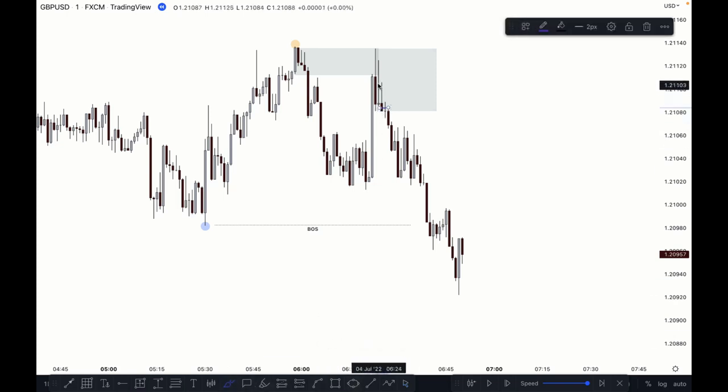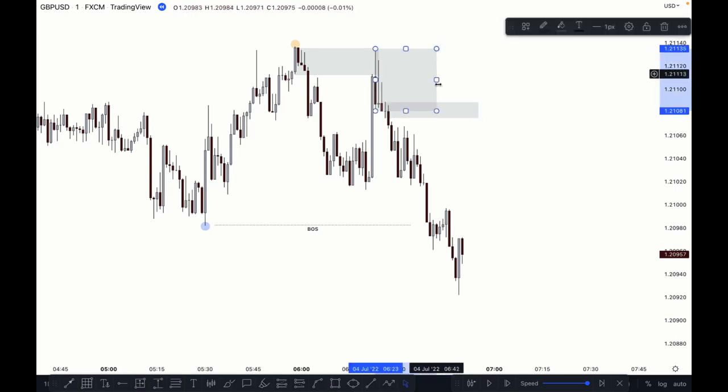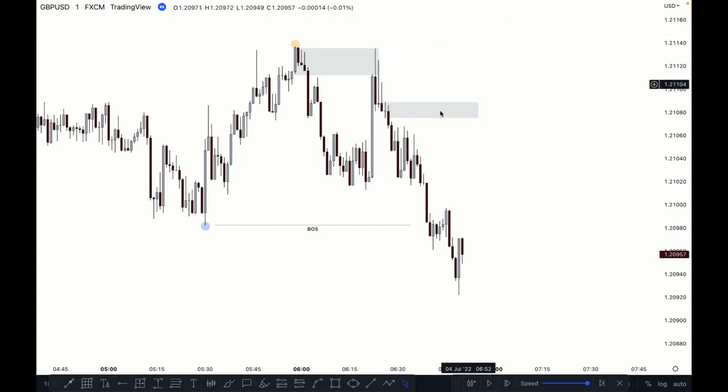I think it's already mitigated, so there is no imbalance. But in the next candle, which is here, there is an imbalance with an order block, a minor imbalance and order block. So this is called a valid order block, which is here. This is an imbalance and this is an order block.